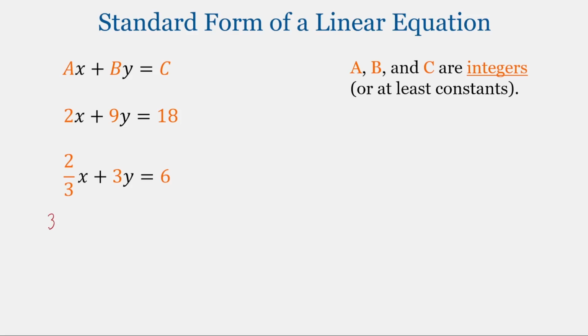So we go 3 times 2/3 x plus 3 times 3y equal to 3 times 6. So multiply everything by 3. Well, this is 3 over 1, so those 3's are going to cancel. We end up with 2x plus 9y equal to 18. And so that is the same equation here.